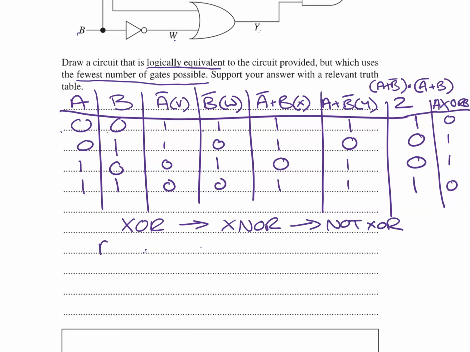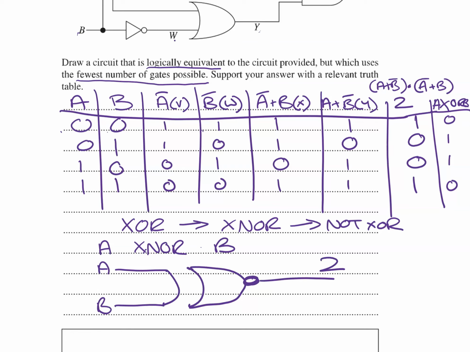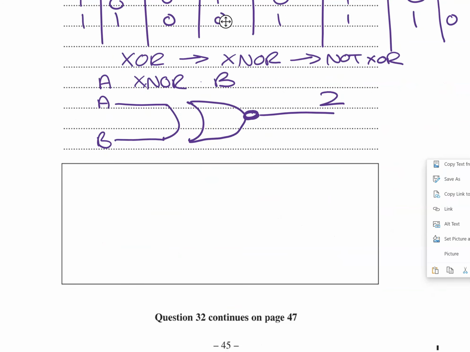So A XNOR B, which looks like this: A, B, and then we have the XOR gate, which has a little circle at the end to show that it's a not, and that's the Z. That's our output. So now let's do our final truth table to show that the output is the same.